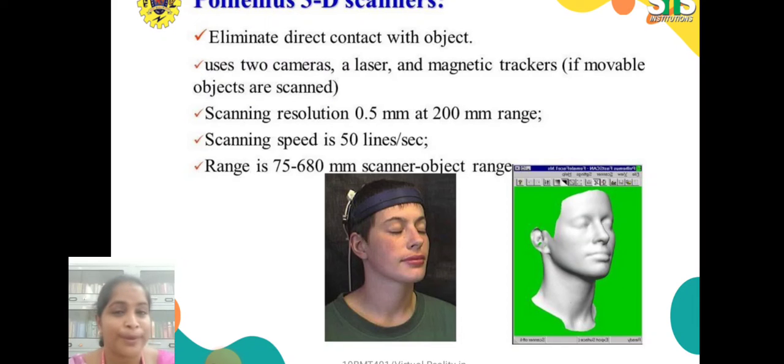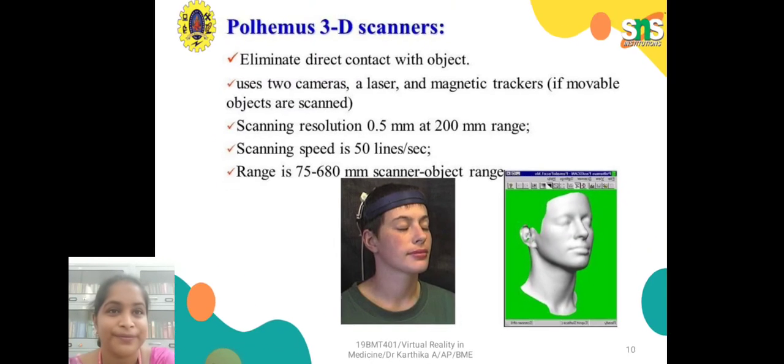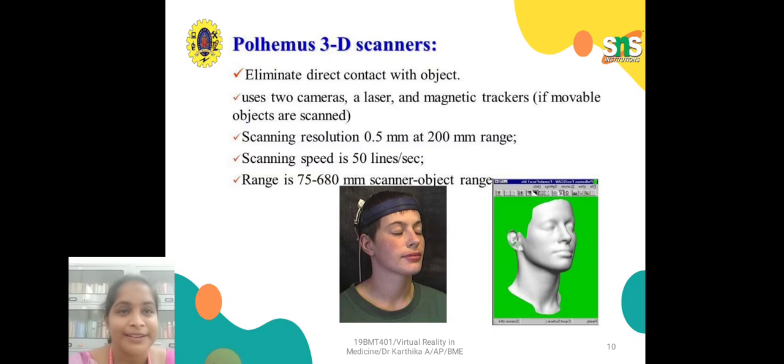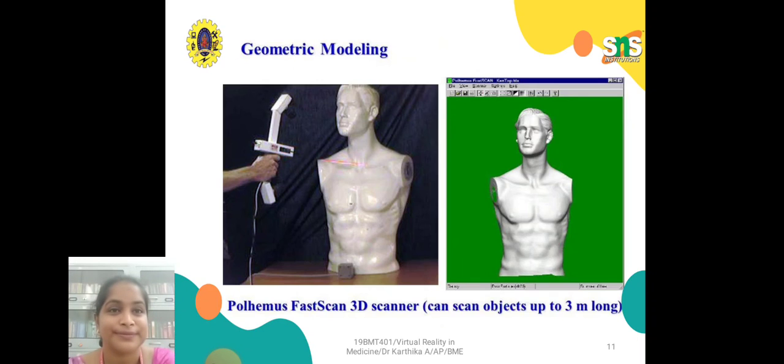Scanning resolution is 0.5 mm at a 200 mm range, scanning speed is 50 lines per second, and the scanner object range is 75 to 680 mm. These Polhemus 3D scanners give a better experience in the VR world. See the examples for geometric modeling. It can scan objects up to 3 meters long.